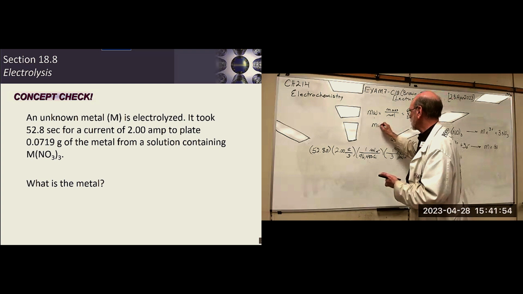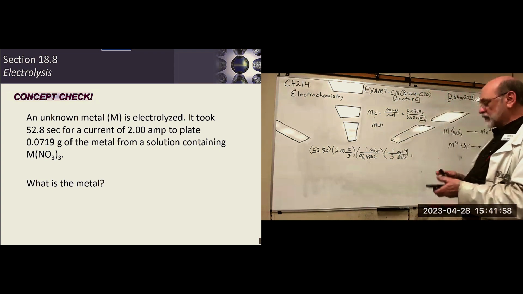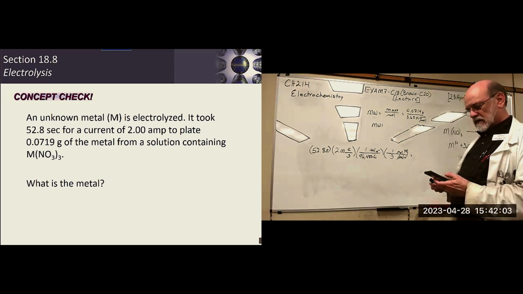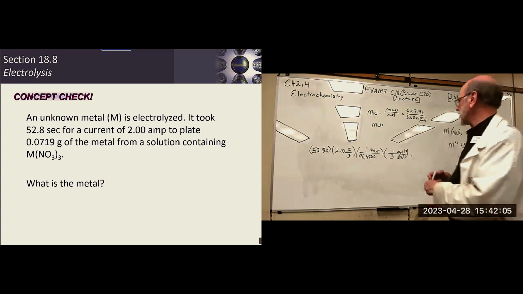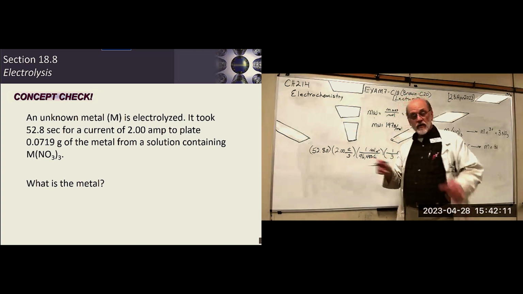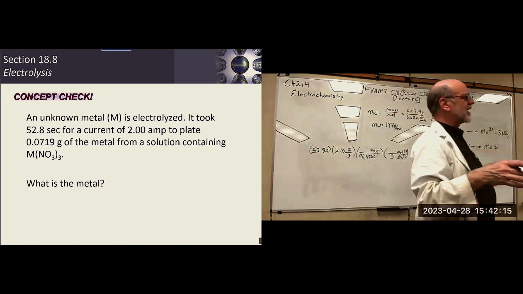Okay, so the molecular weight is equal to what? Let's see, 0.0719 divided by that, I get 197 grams per mole. So now we go to our periodic table and look for 197. Let me see, I've got to get a little closer.